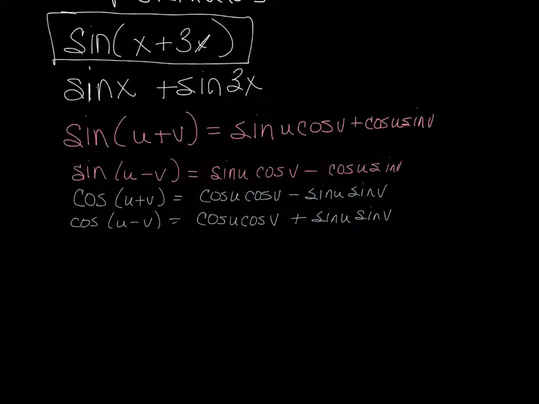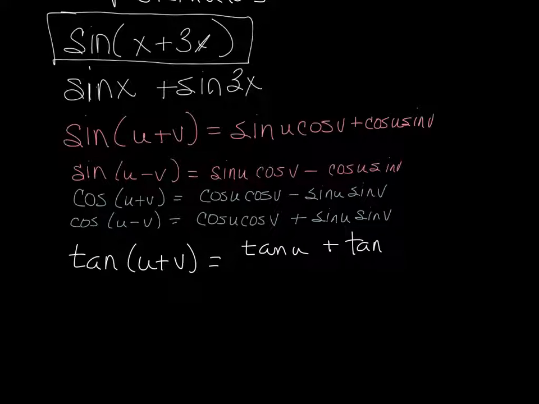And then we also have formulas for the tangent of u plus v. This is the tangent of u plus the tangent of v over 1 minus the product, the tangent of u, tangent of v.